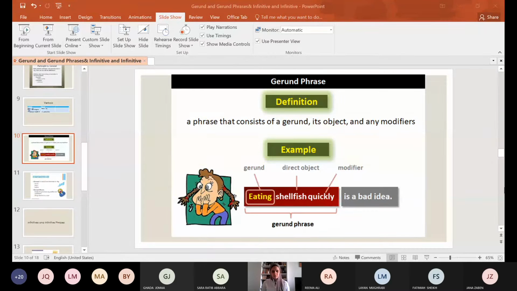Number 4. Kadra is here. Can you find a word that ends in ing?